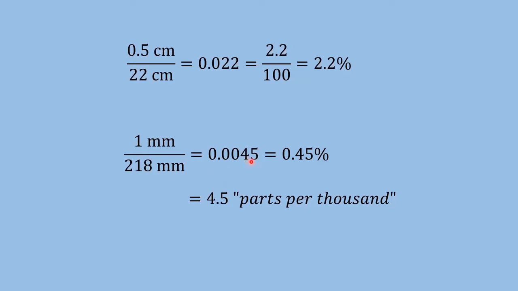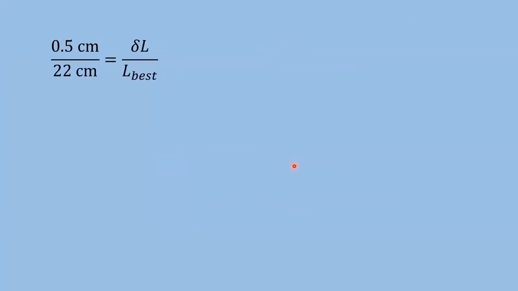Isn't this 4.5 in the thousandths place? So rather than saying 0.4 per 100, which is what this percentage is, you could just say 4 per 1,000. I think 4 per 1,000 is a little easier to conceptualize than the percentage. So a percent ratio is not always easier to understand than just a decimal fraction.